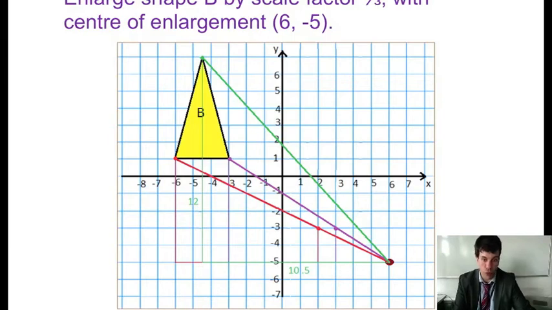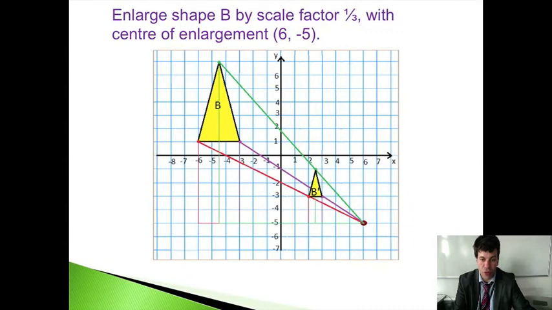A third of 12 is 4. So from the centre of enlargement, 3.5 units to the left, 4 units up. You can see that by joining up the 3 vertices, we've formed another isosceles triangle, named B prime. Each side is a third the length compared to the object of this new image triangle.